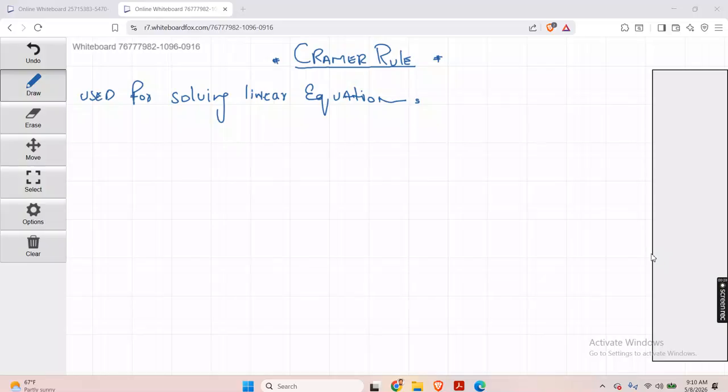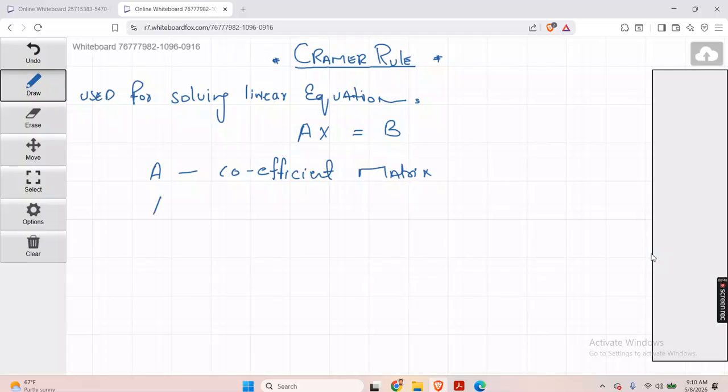So, you know all these equations in which A is the coefficient matrix we have, X is the variable, and B is the constant.